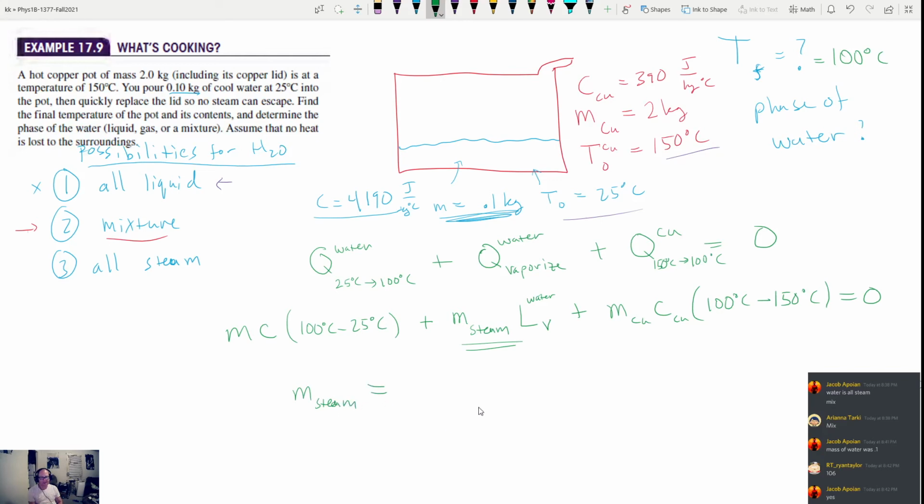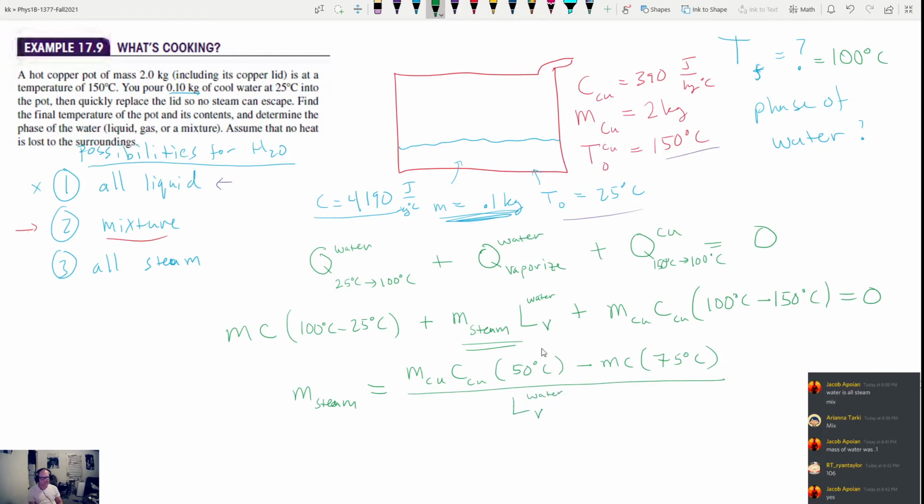The mass of steam that we have left over should be equal to, so this quantity is going to be a negative number, so when I add it to the right-hand side, it will be 50. And this quantity will end up being negative, so I'll say minus M C times 75, because we're moving all this other stuff to the right-hand side, and then we have to divide by the latent heat of vaporization for water.